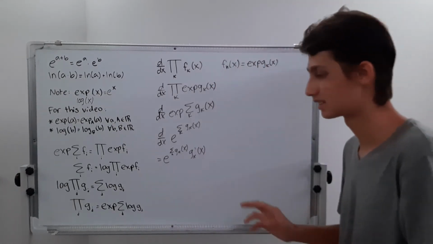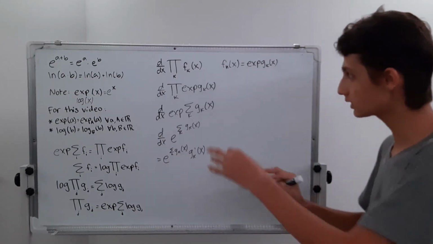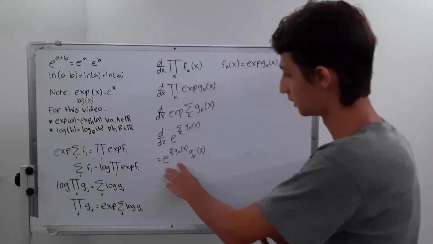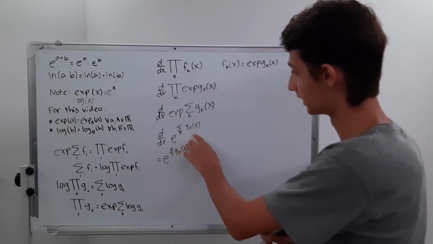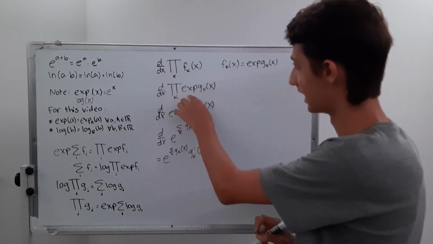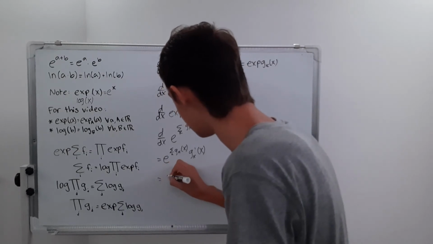Okay, well, that's kind of weird because that's not really what we want, but it's okay because we can make our substitutions back. What is this? Because this is actually just that, right? And if that is that, and it's the same as that, we can put this back in our pi form.